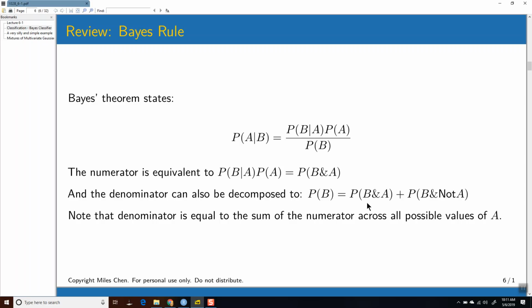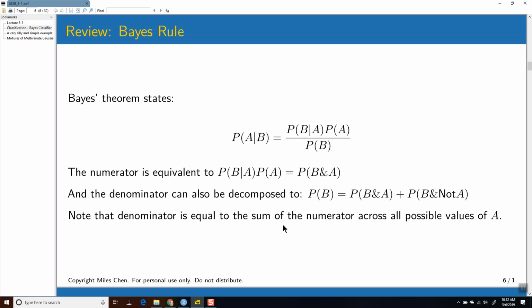Then for the denominator, we can partition the probability of B and say it's the probability of B and A plus the probability of B and not A. These are mutually exclusive, so you can just add them together, and B and A plus B and not A covers all possibilities of B, right?